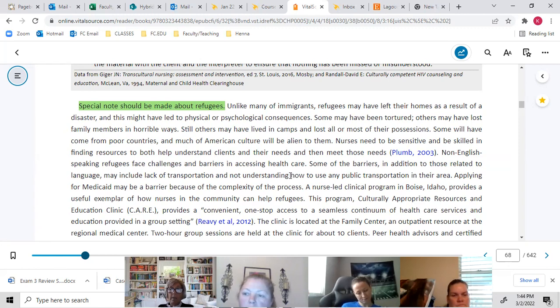So they may need a different approach to care when they first get here. One of the priorities they need, and this is one of the big differences, is therapy, psychological therapy, depending on what they've been through. That's a key difference between refugees and immigrants.